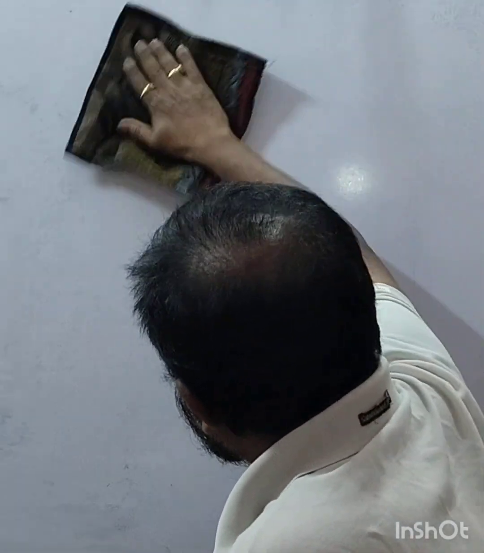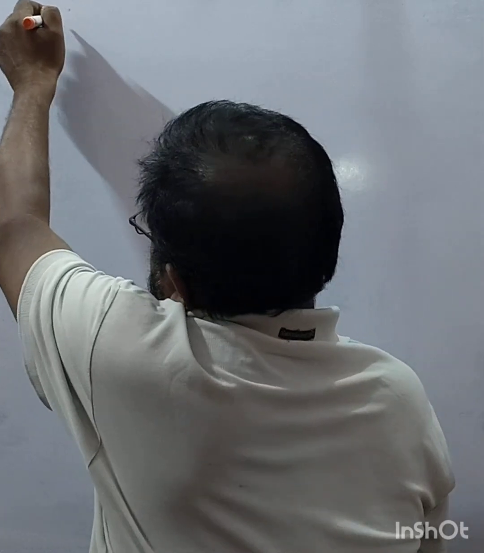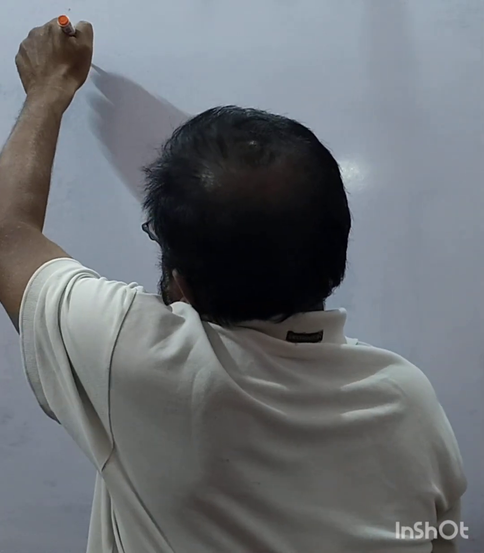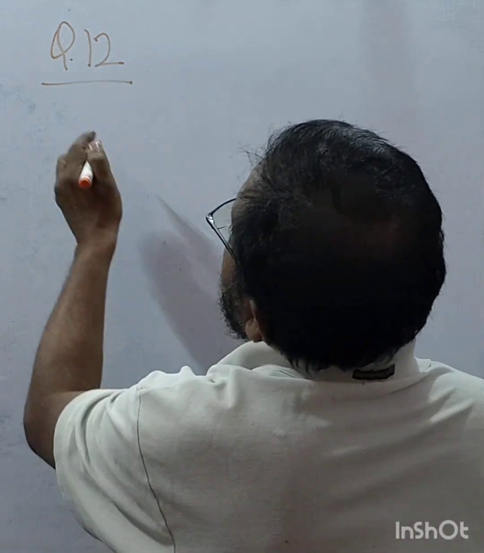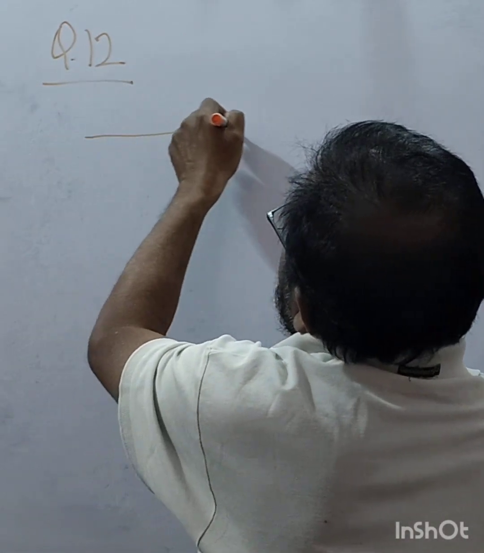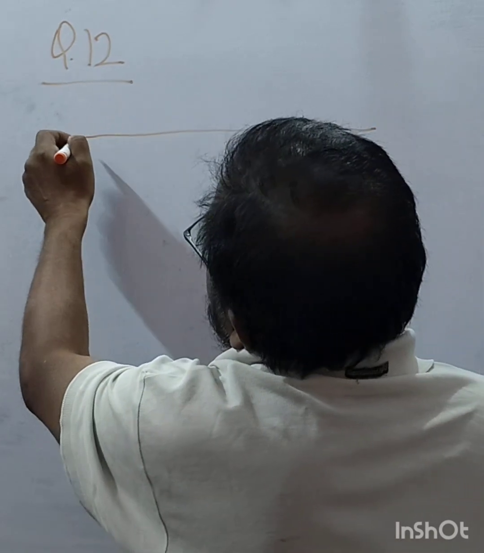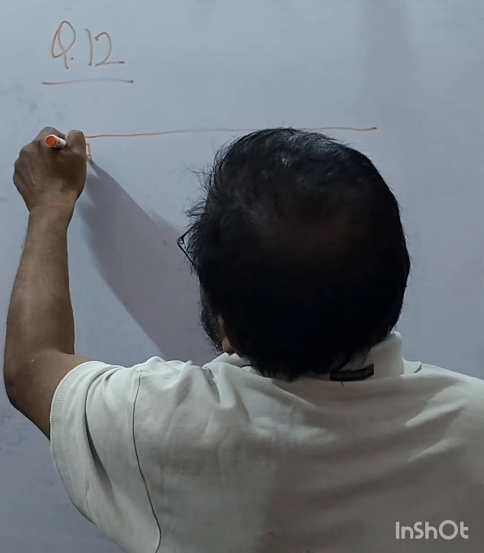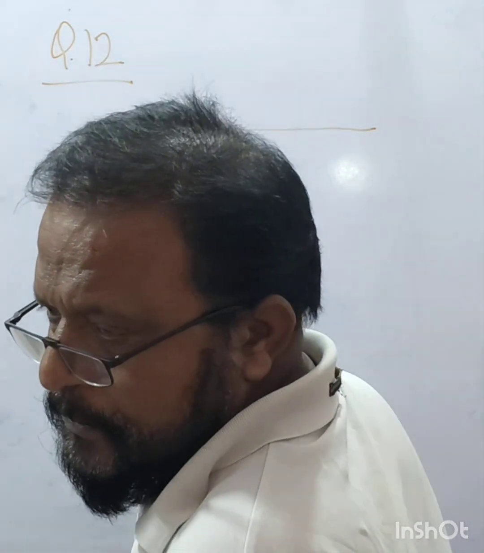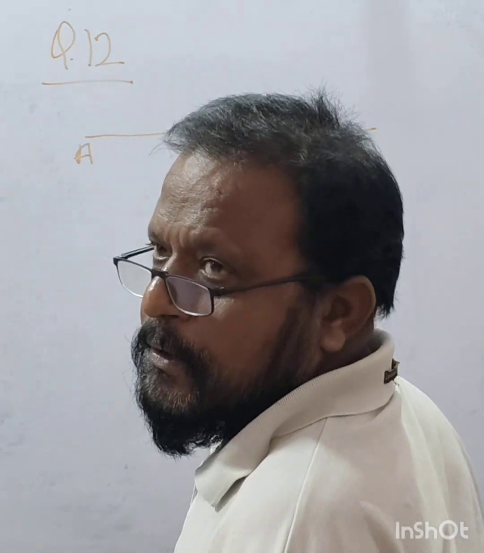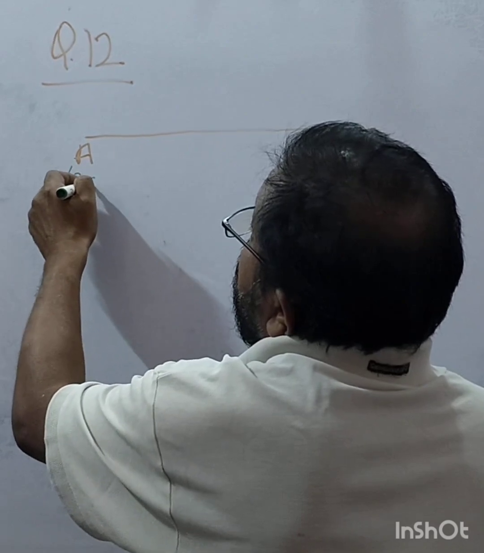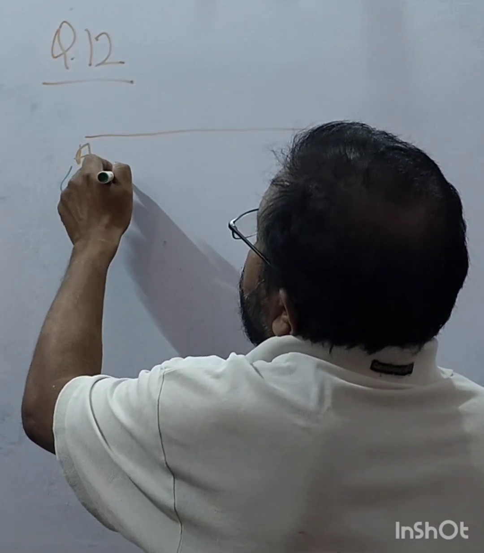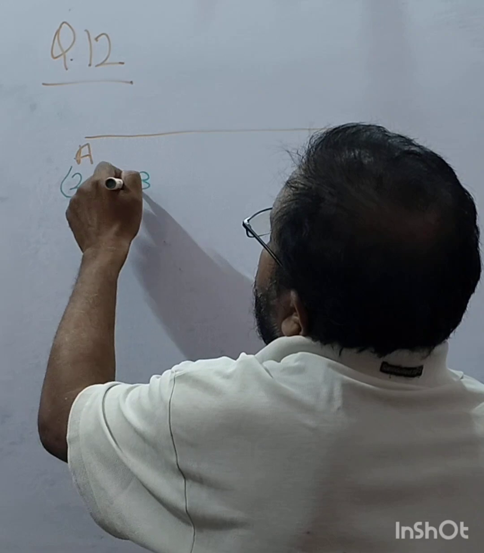This is question number 12. There are points which are collinear. What are the coordinates of them? A is (2a plus 2, 3).